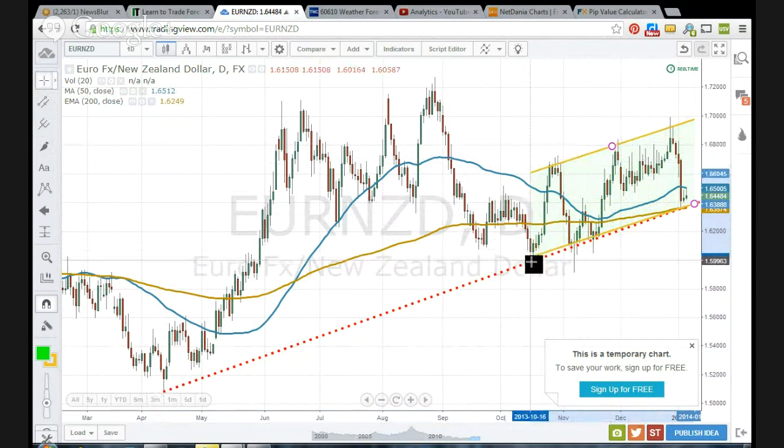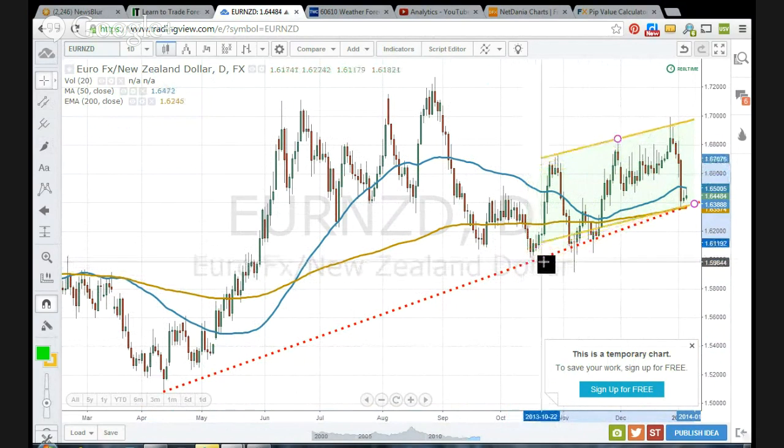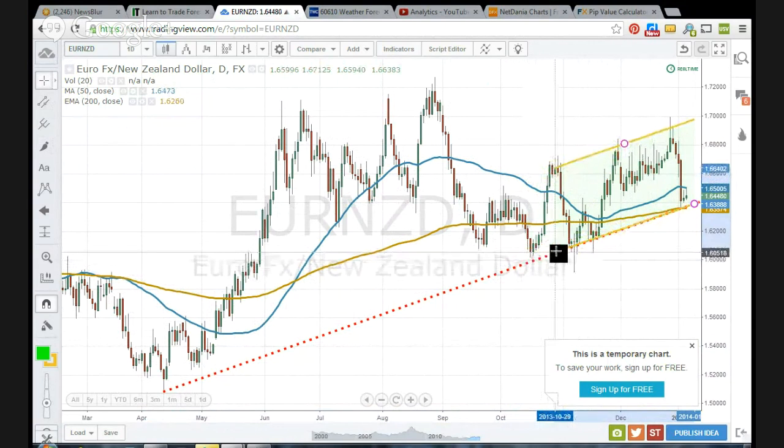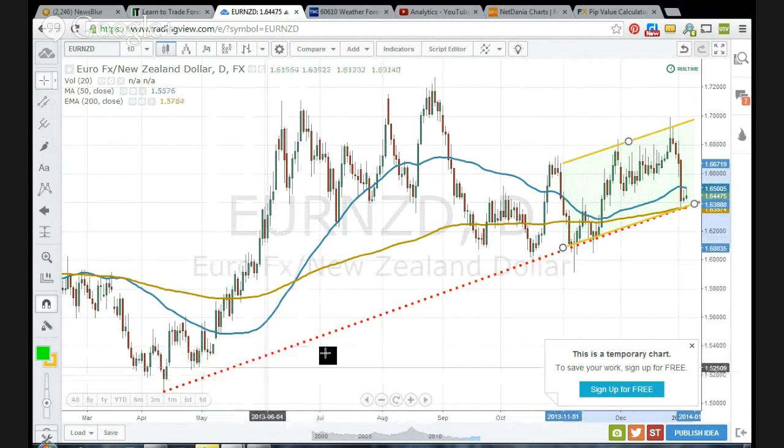You can sort of draw a price channel. There we go. So within the range of this trend line, we have a price channel as well. To me, that signals sufficient evidence for an upwards trend.